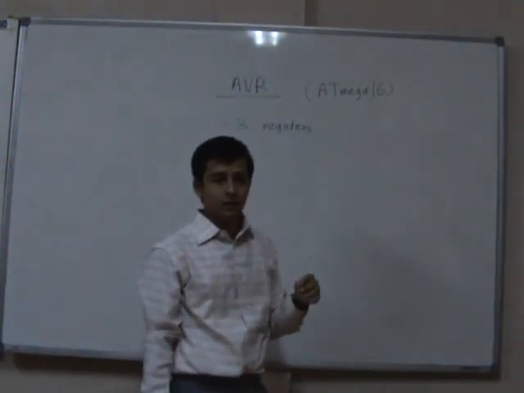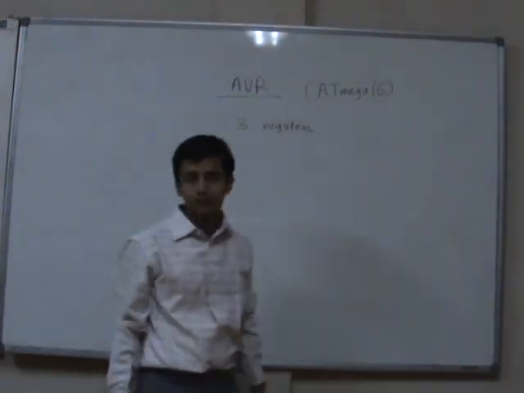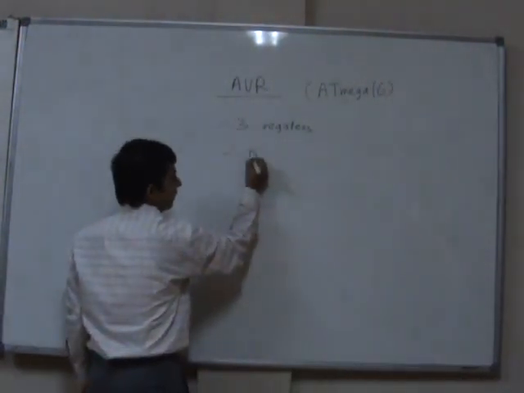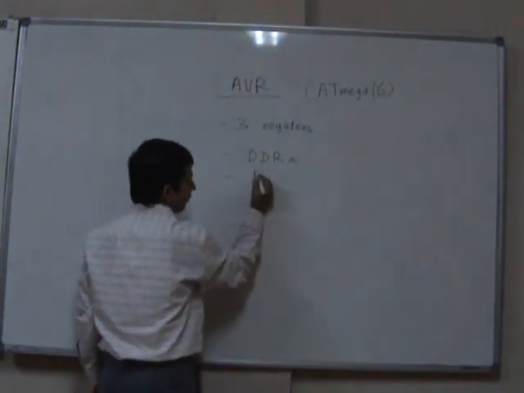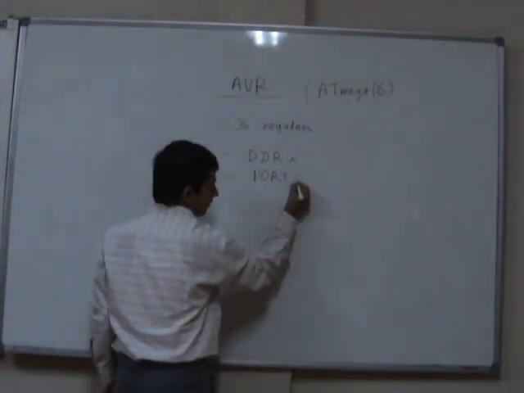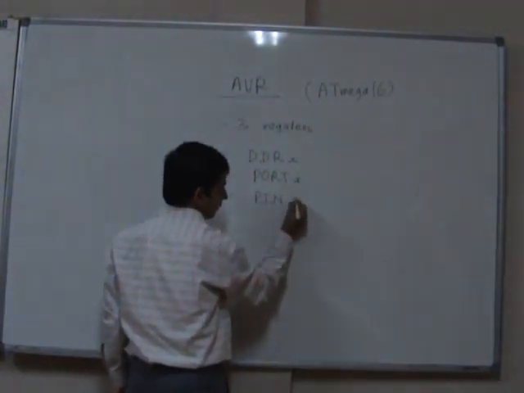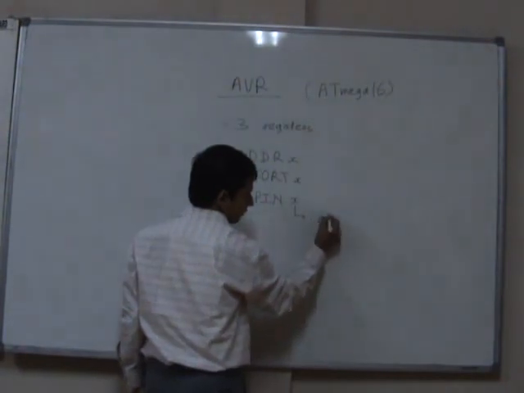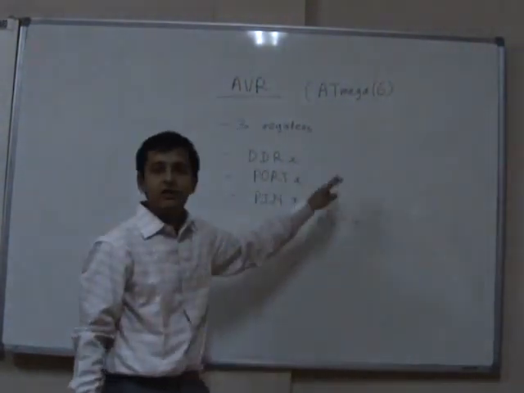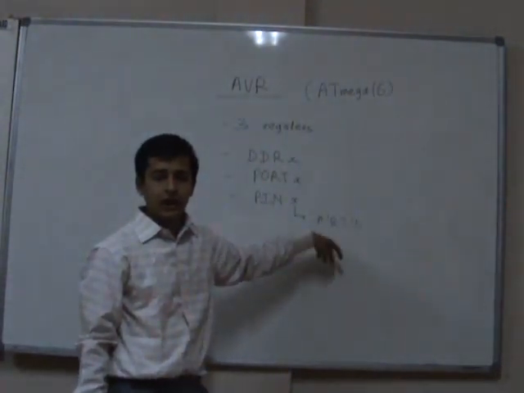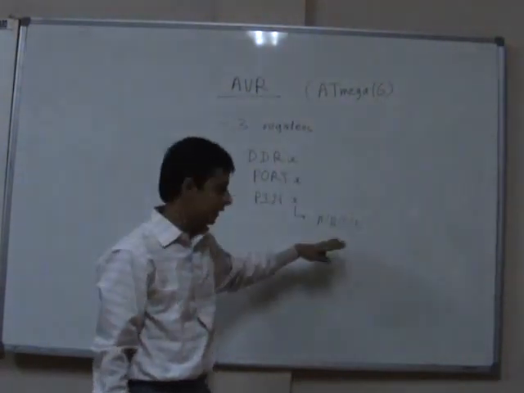Every port is having 3 registers associated with it. What are they? DDRX, PORTX, and PINX, where X stands for A, B, C or D. Mega 16 is having 4 ports, and higher controllers are having even more ports like A, B, C, D, E, F, G, H, I, J, like that.